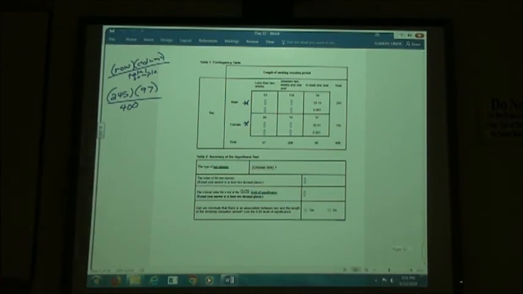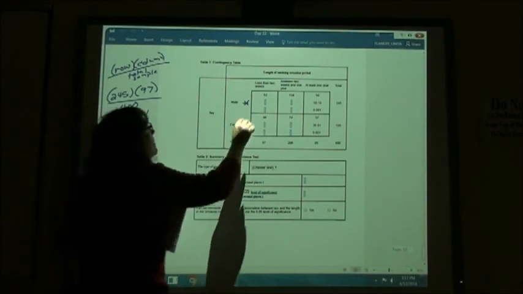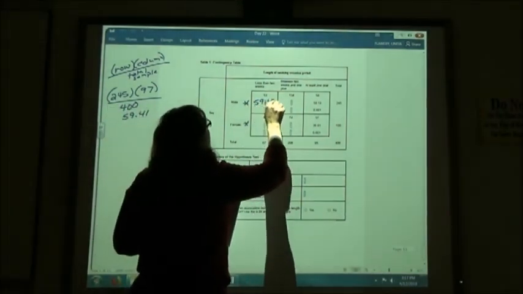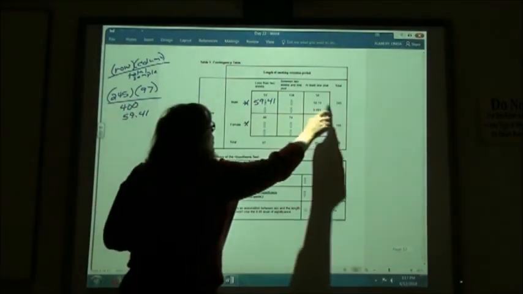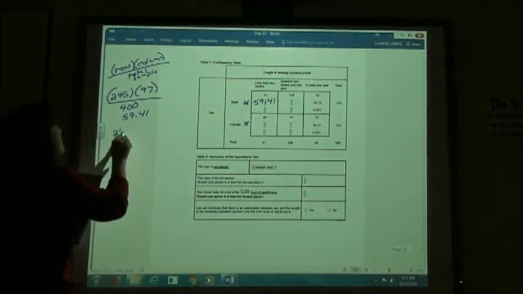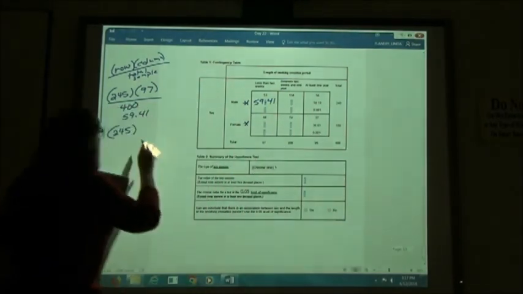$245 times 97 divided by 400. Again, we're rounding the top ones to 2 decimal places, and so we should get 59.41. The next one, my row total, 245. My column total, 208.